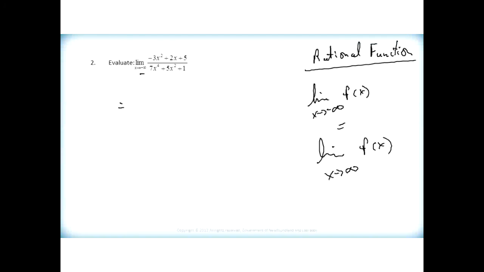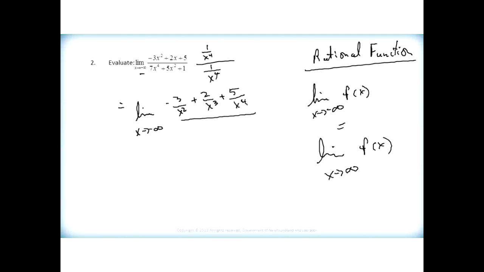If we take the limit as x approaches negative infinity here, I'm going to have to look for the biggest power of x I see, which is 1 over x to the power 4, divided by 1 over x to the power 4. And when I multiply through, I get the limit as x approaches negative infinity, and that gives us negative 3 over x squared plus 2 over x cubed plus 5 over x to the power 4.